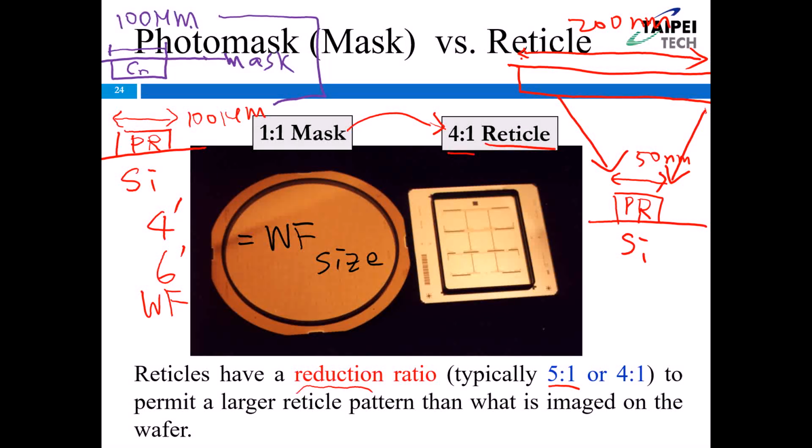So right now our reticle has the larger line width. Right now the line width is 200 nanometer.